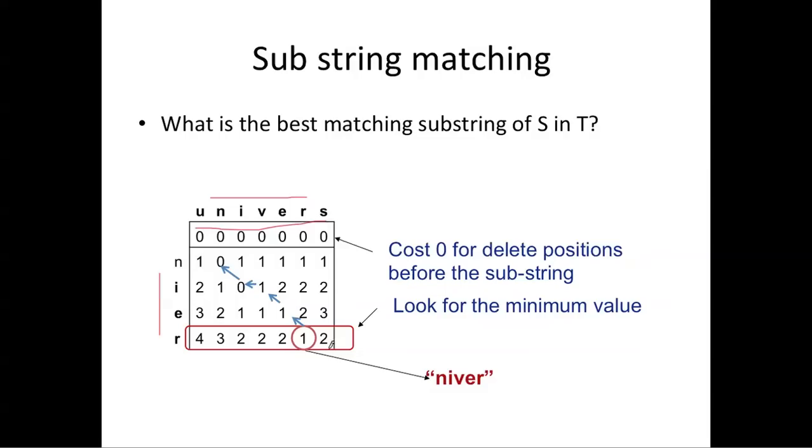And the answer will not be in the bottom right corner, but on the bottom row. Any of the values will be good, which means that we can delete characters from the back of the string for free. And we can get the alignment in just the same way.